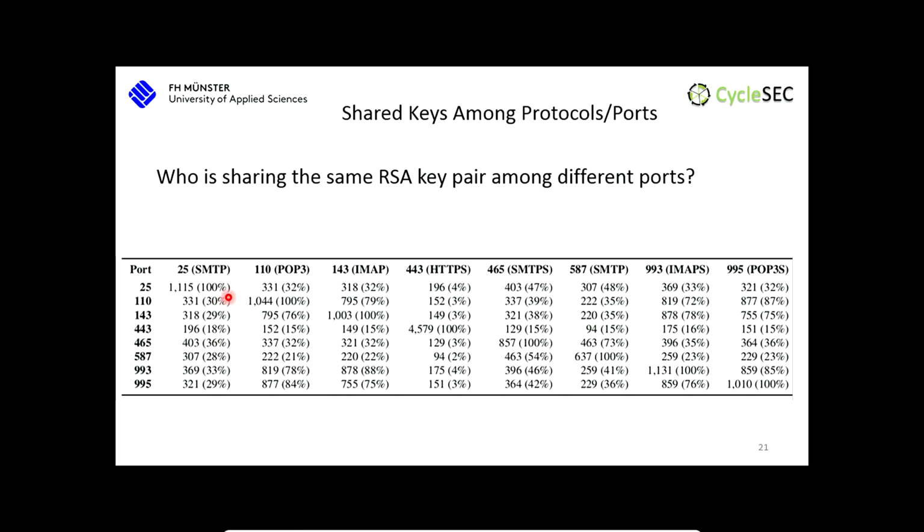And there we saw, for example, that of all the TLS certificates that we encountered on SMTP, 30% we found on POP3, 29% we found on IMAP, and so on. What is really interesting here is that people seem to share a substantial amount of keys across protocols.